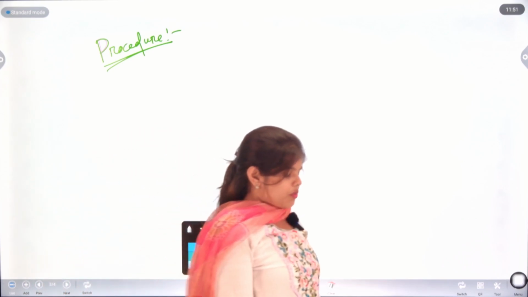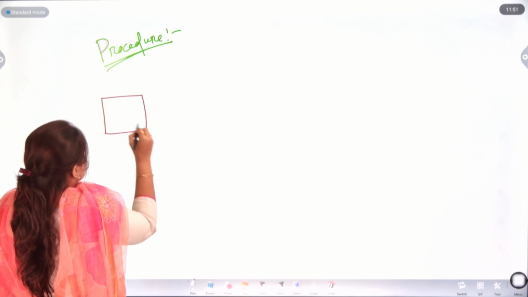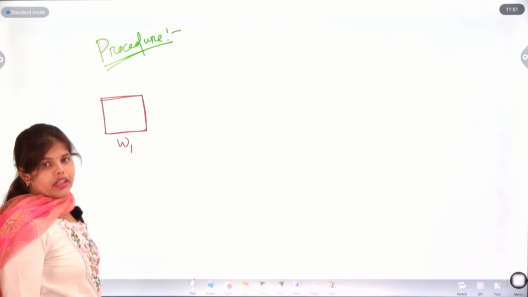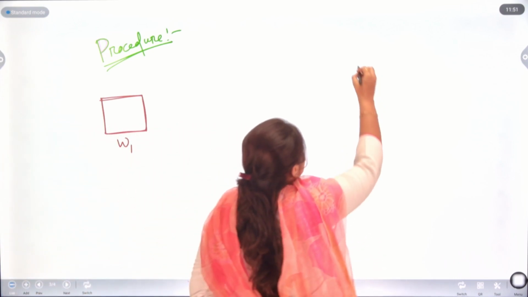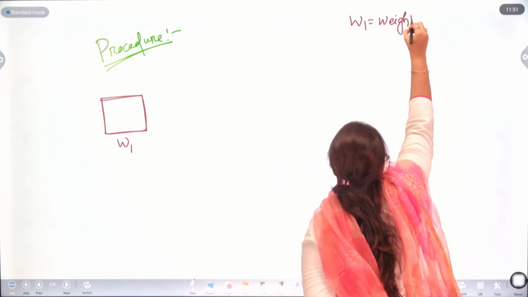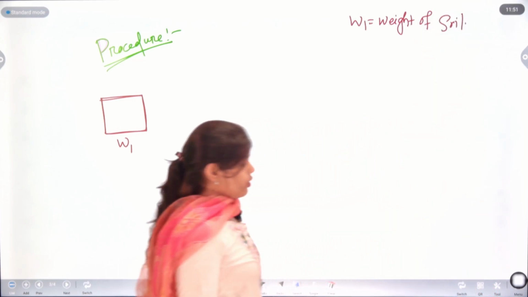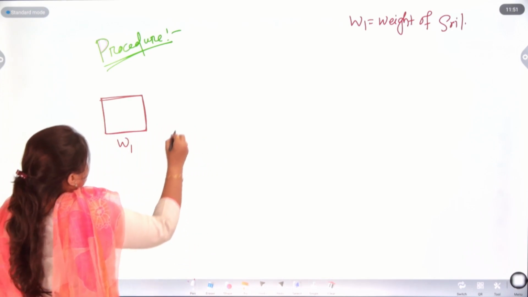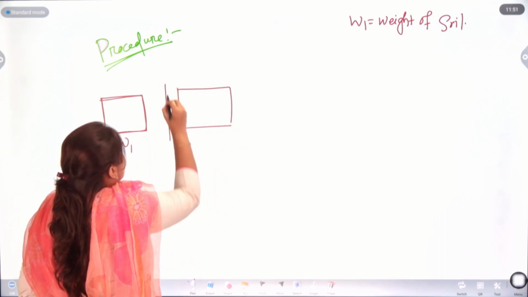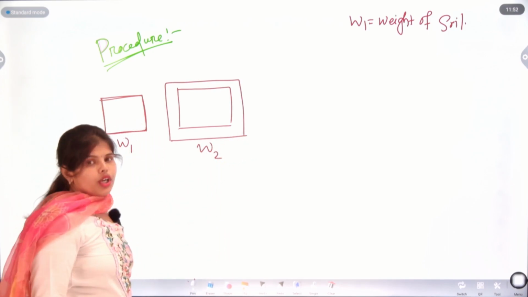First we will take some amount of soil, make it in this shape, and name it as W1. So, we can say W1 is our weight of soil. Next, we will take that W1 and coat it with paraffin wax. Next, name it as W2.